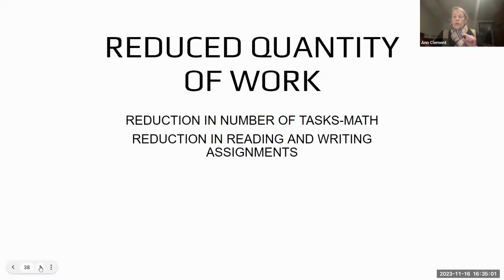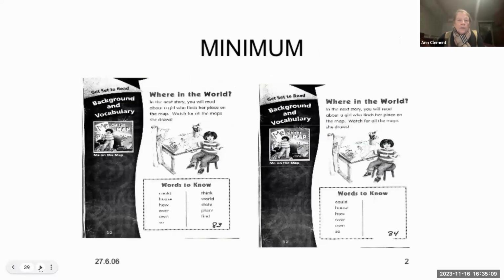And I'll show you some examples of reducing the work in reading and math assignments and reading and writing. Okay, so here's an example. This would be what I would call a minimum adjustment. This over here on the left side of the screen is what you would give to the typical learner in your class.